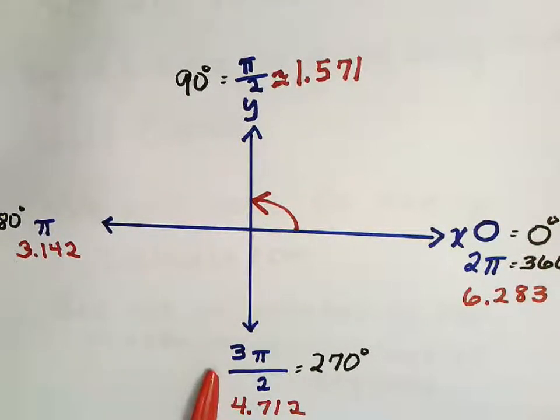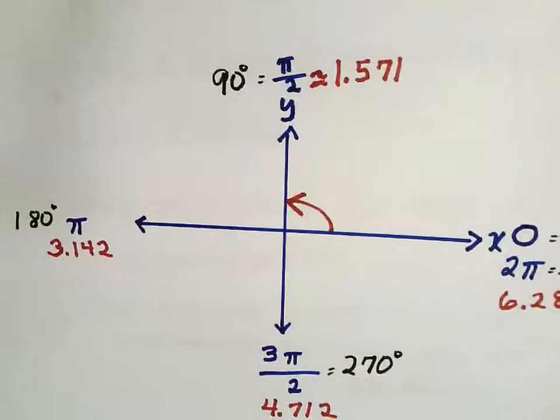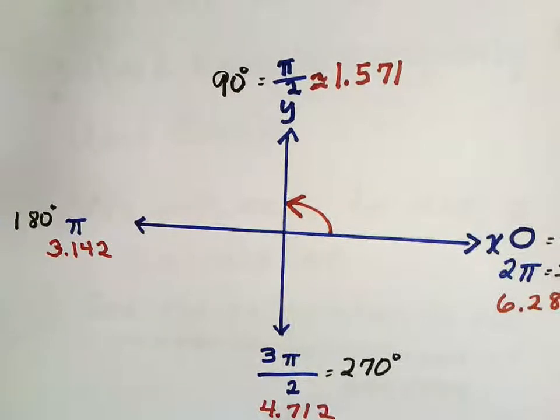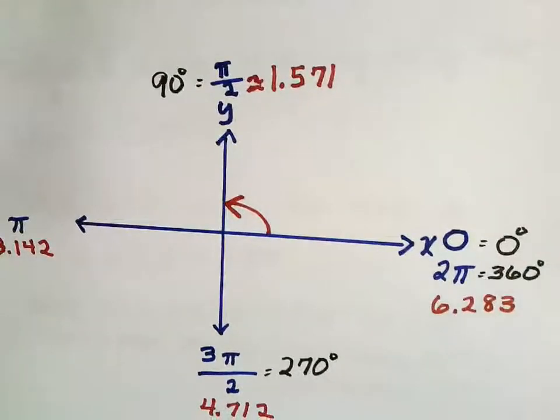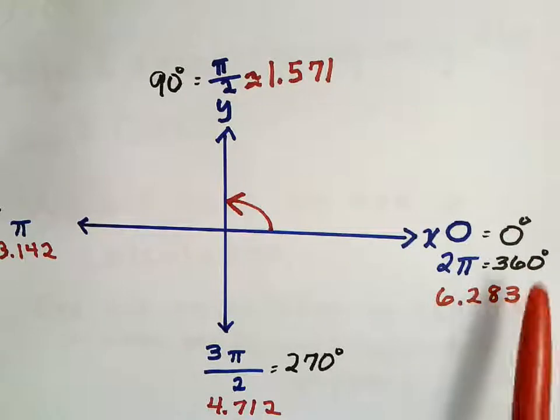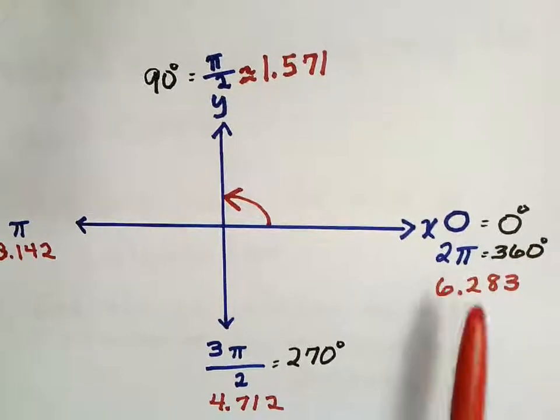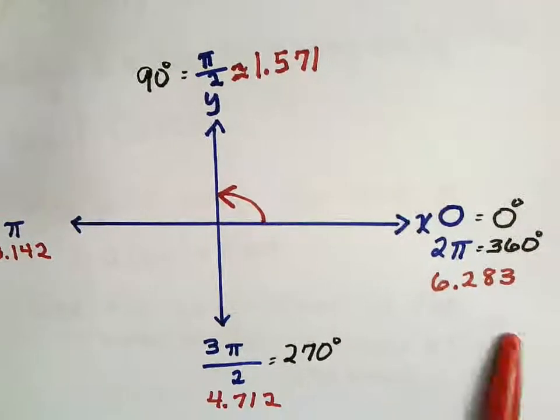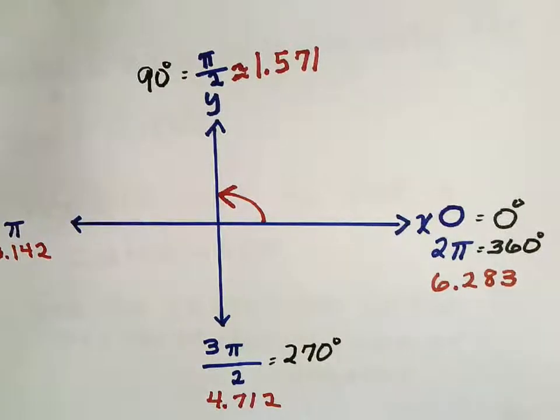We get to 3 pi over 2 radians, which is 270 degrees, which is approximately 4.712 radians. And then if we make one complete rotation, we have 360 degrees, which is 2 pi radians, or approximately 6.28 radians. So we have to remember that.